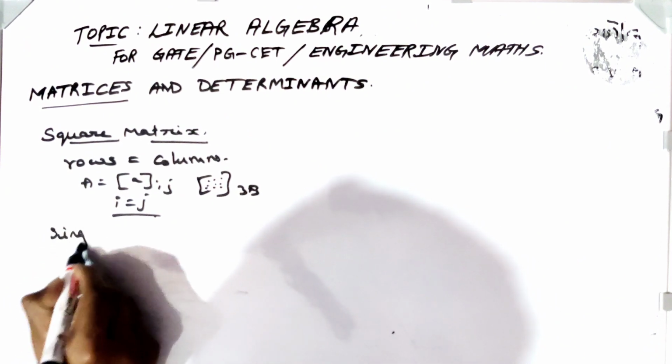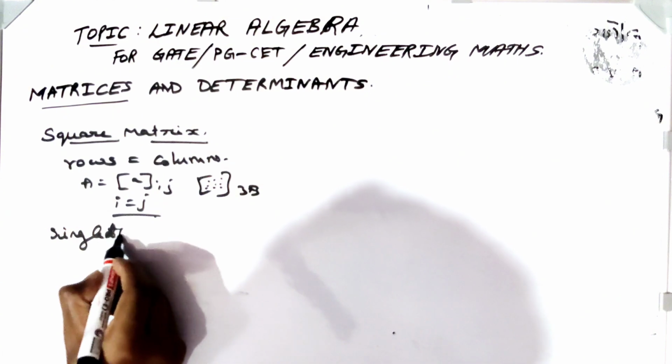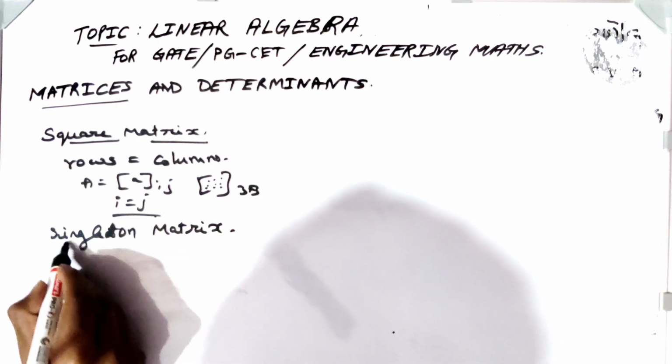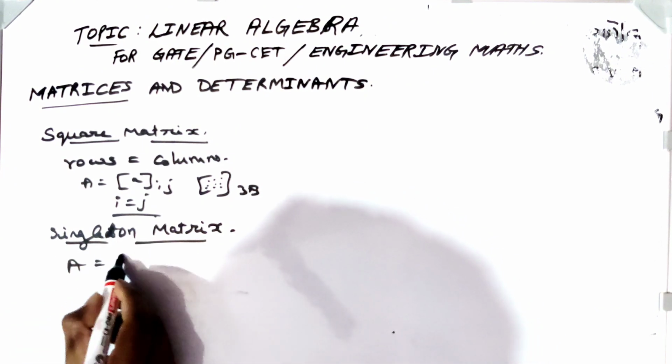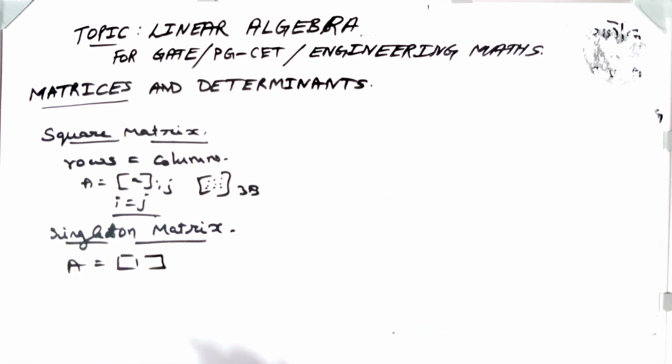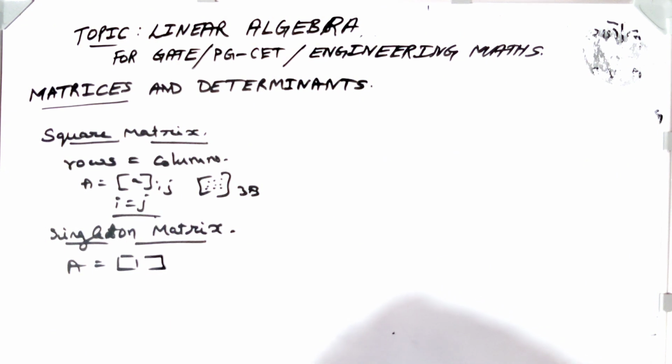Next is the singleton matrix. A matrix A is said to be a singleton matrix if it has only one element. As the definition itself indicates, if it has only one element inside the matrix, then it is known as a singleton matrix.